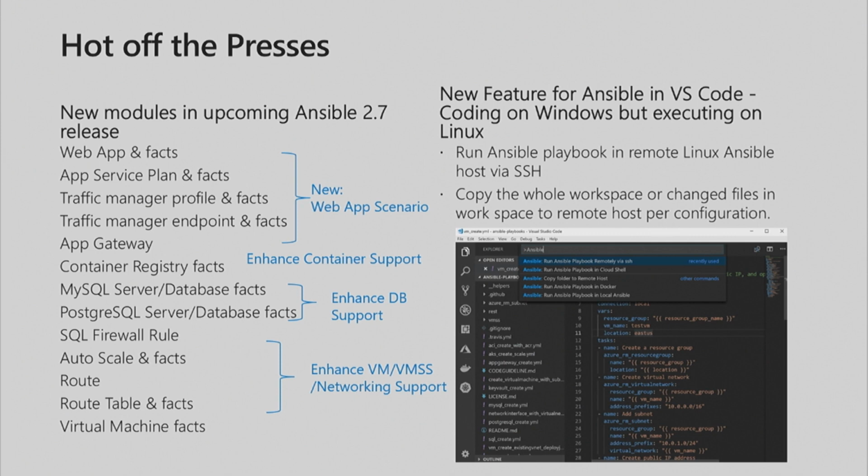So we are continuing to invest and will continue to invest in Ansible. And then in VS Code, one of the cool things that we're adding there is the ability to actually deploy to a remote Linux server directly from Visual Studio Code. So it takes care of all of the stuff under the hood, getting the files there and all that kind of stuff, and then you can just run those things on the remote server. It uses SSH to do that.